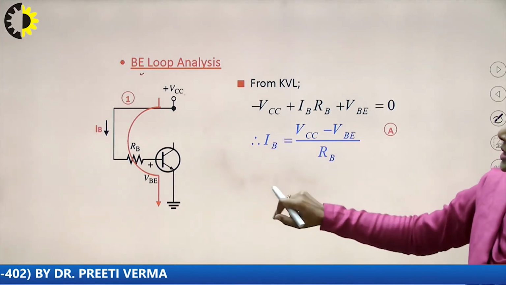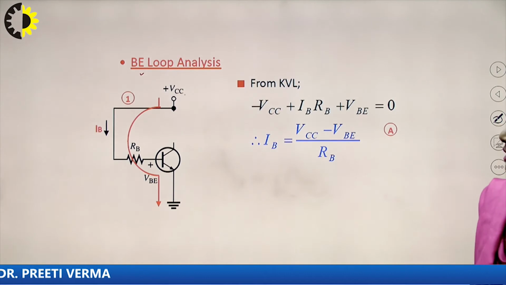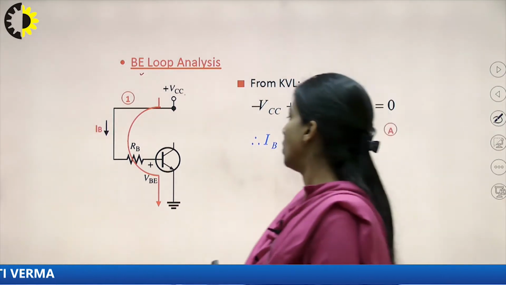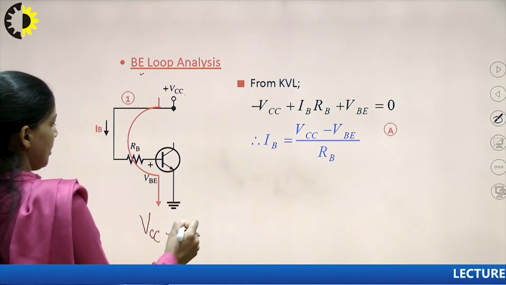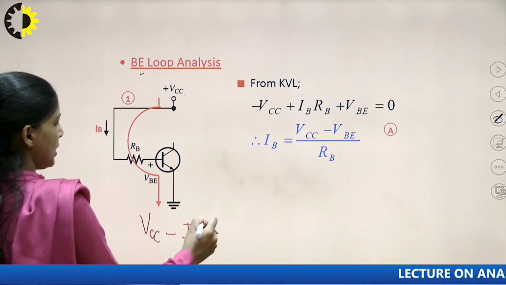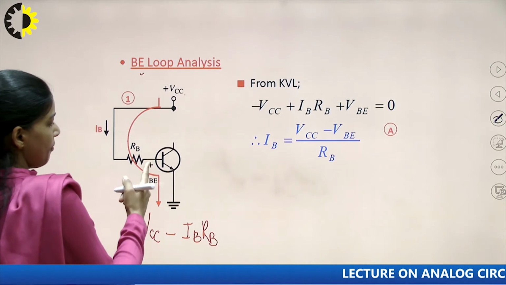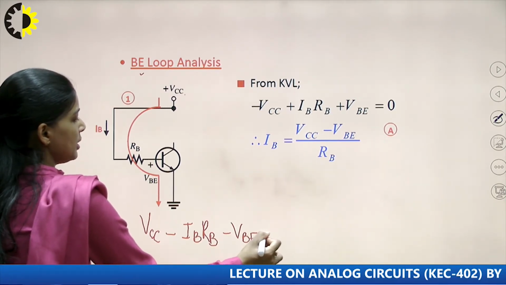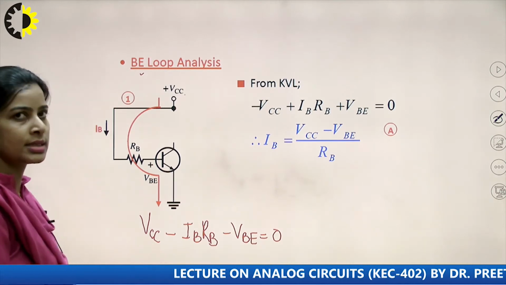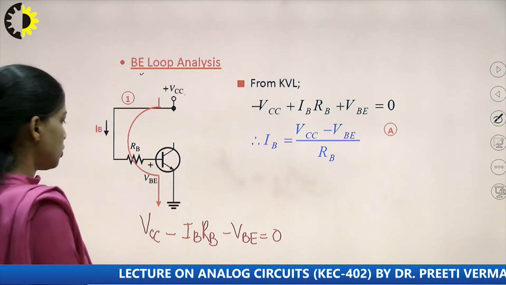So, minus VCC plus IBRB plus VBE is equal to 0, or we can write this equation as VCC minus IBRB, moving from plus to minus, minus VBE is equal to 0. Both are the same with different notations.